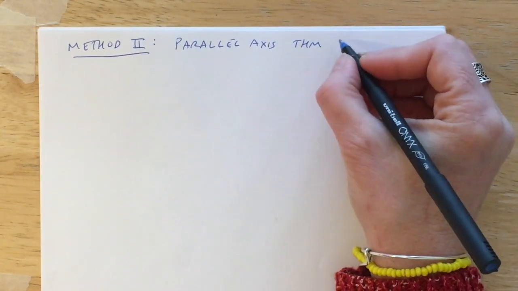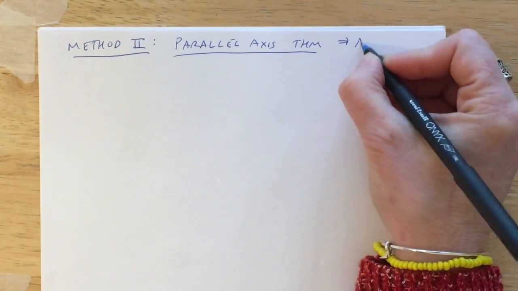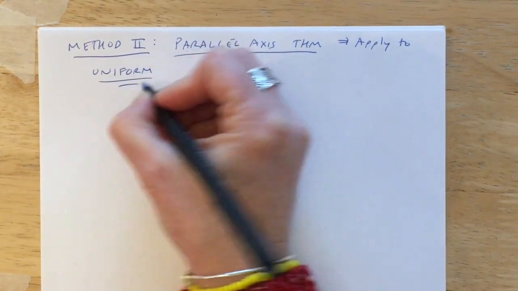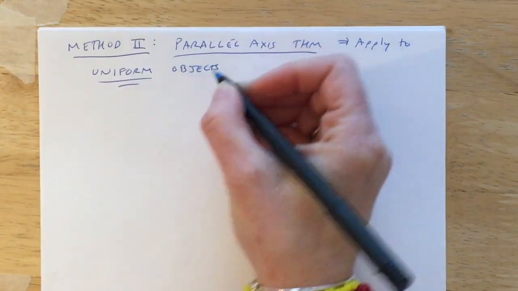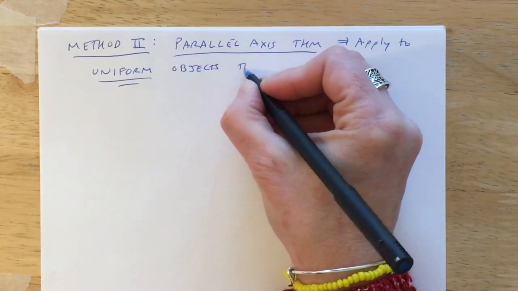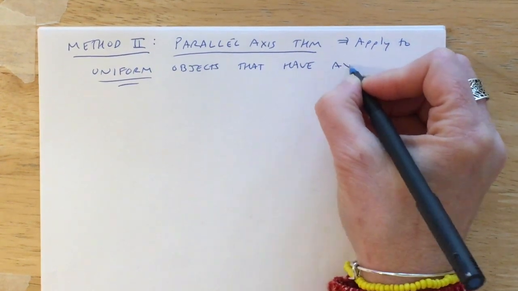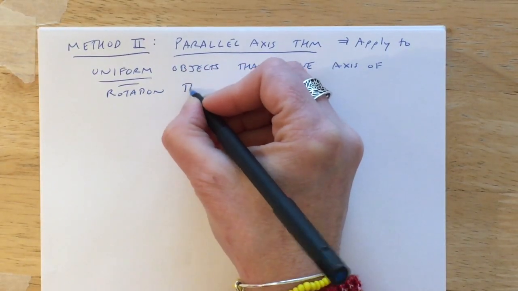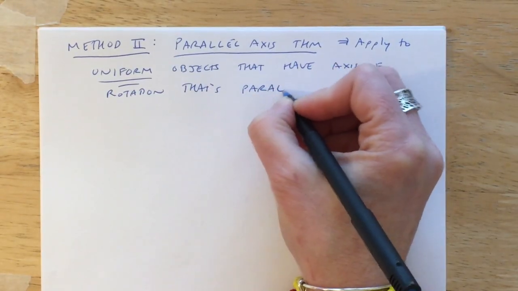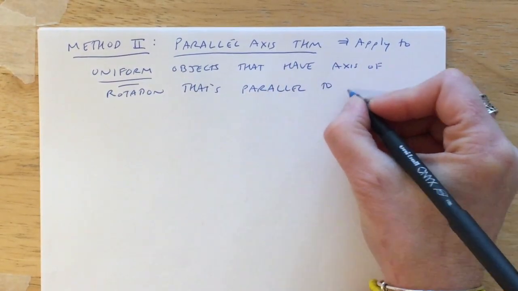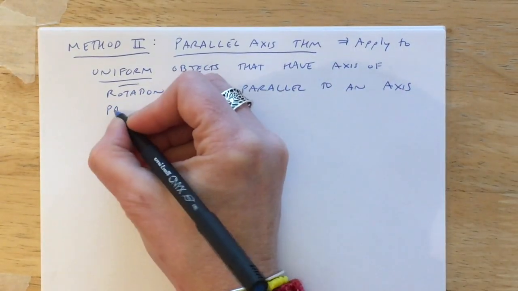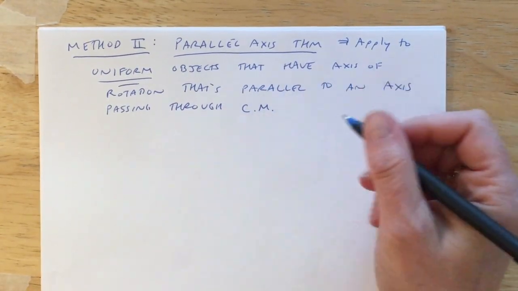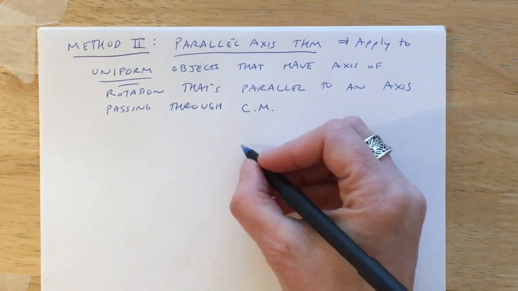And the parallel axis theorem is going to apply to uniform objects, not non-uniform densities, but uniform objects that have an axis of rotation that is parallel, hence the name parallel axis theorem, to an axis passing through the center of mass.